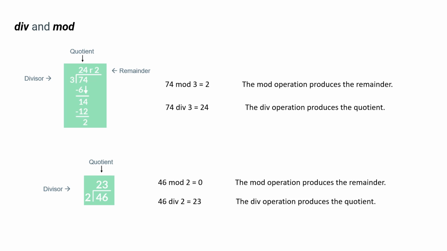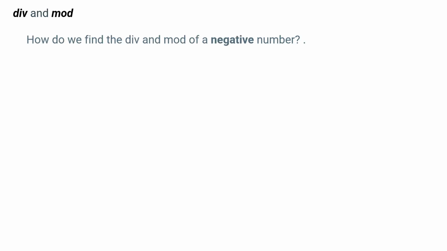And 46 div 2 would be what that quotient would end up being, and so that would be 23. So there's nothing new here. It's just another way to look at modulus and div: if we were doing long division, the mod would represent the remainder, the div represents the quotient.